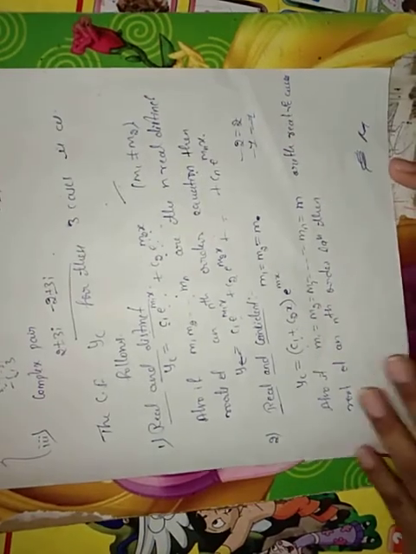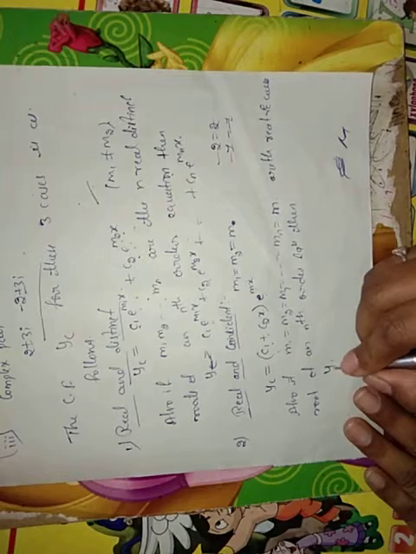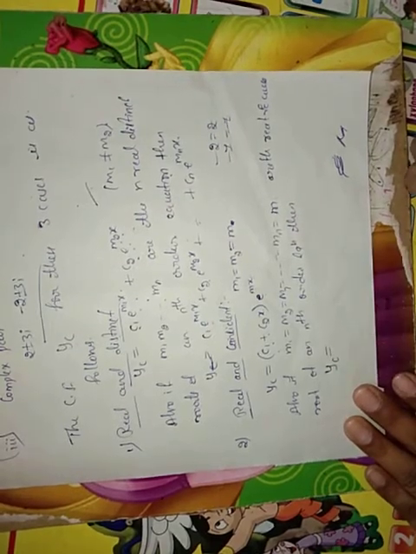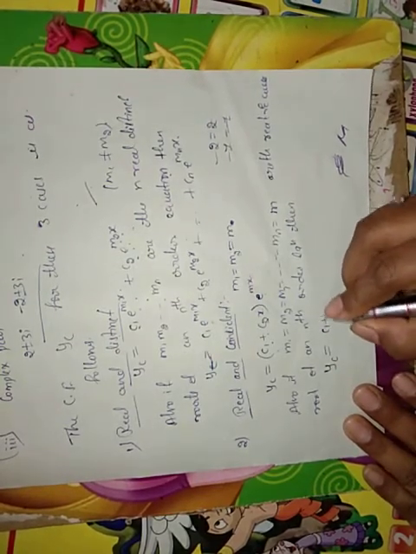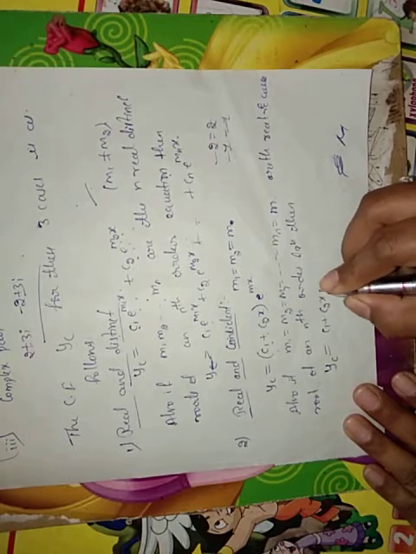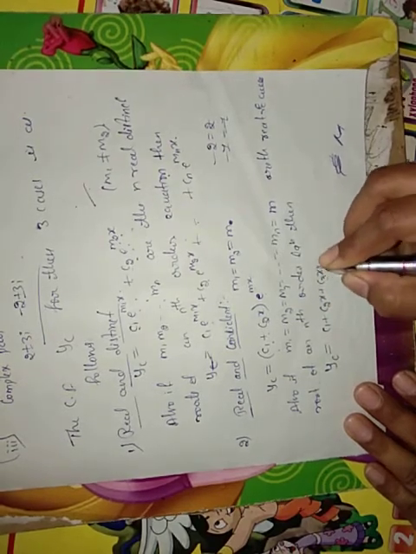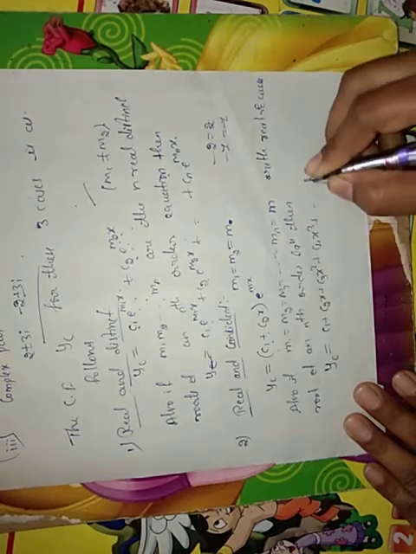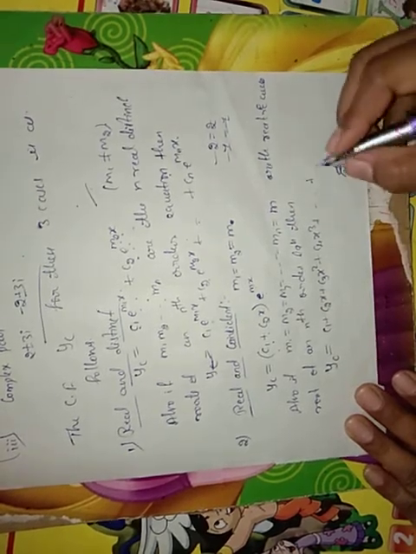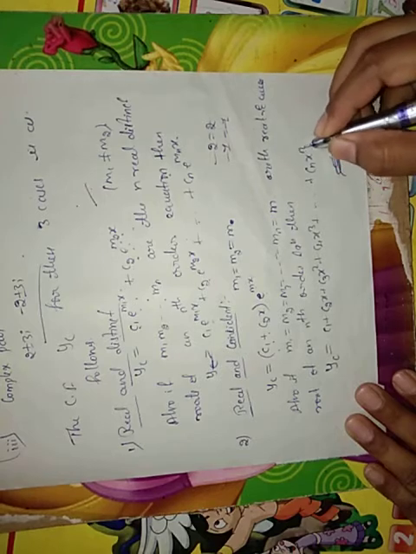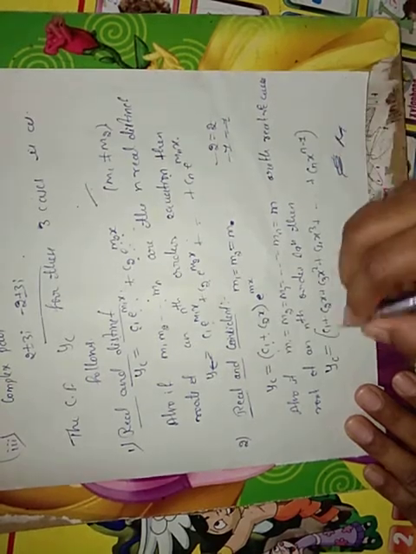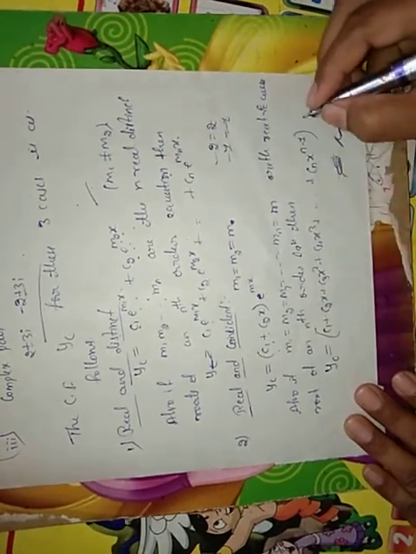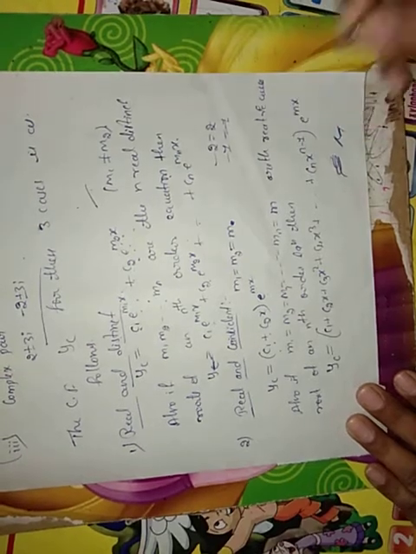Then the formula to write down the complementary function is (c1 + c2x + c3x² + c4x³ + ... + cn x^(n-1)) e^(mx).